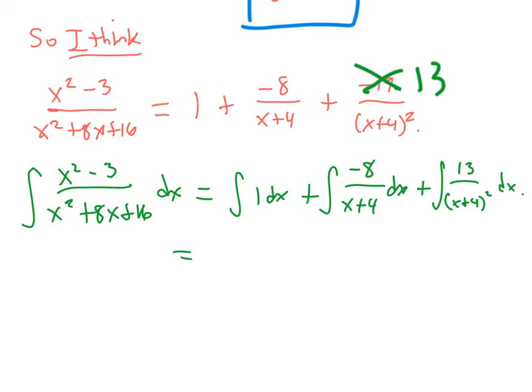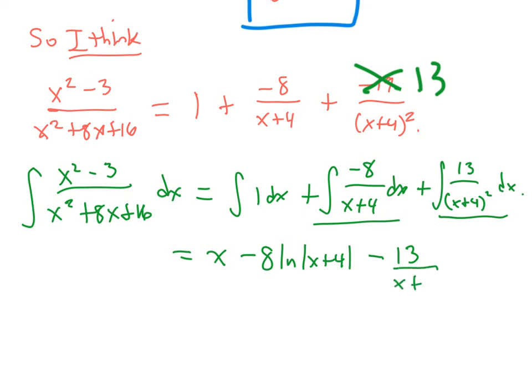And that's going to give me, well, the integral of 1 is just x. And then the integral of this is going to be, let's see, that's minus 8 natural log of (x plus 4). And then finally, the integral of this, you're going to have to check me on this, but that's going to be negative 13 times (x plus 4) to the minus 1. So negative 13 over (x plus 4) plus C, I think is what I'm going to get.